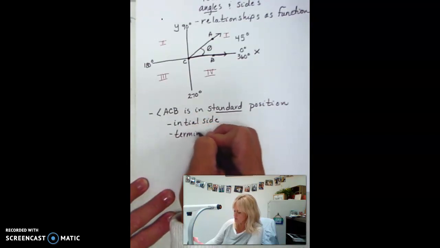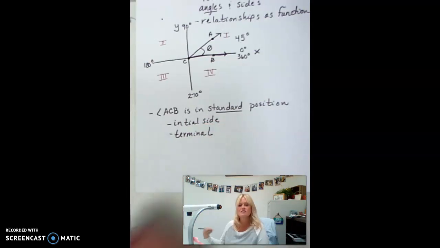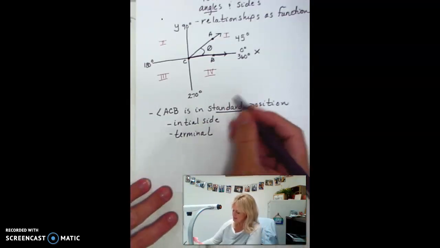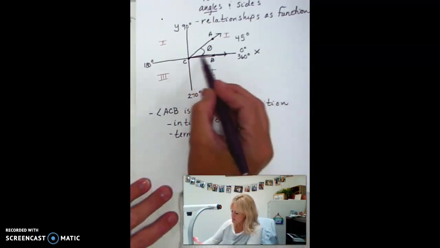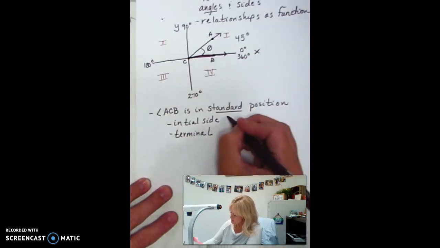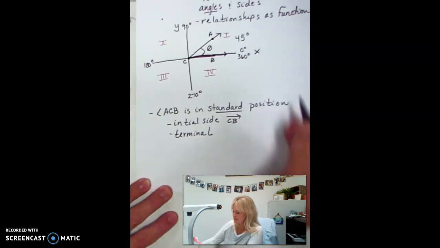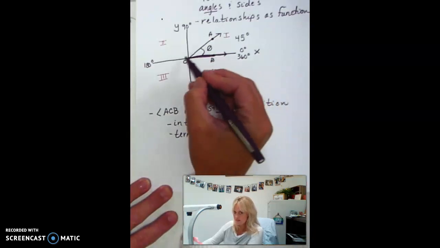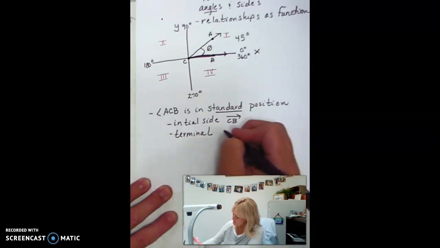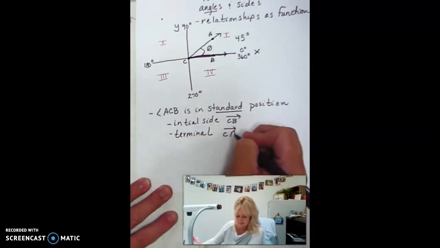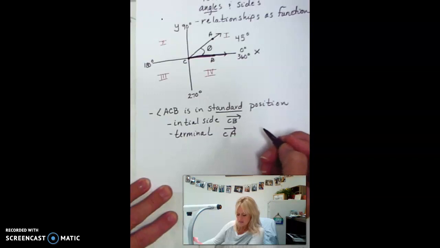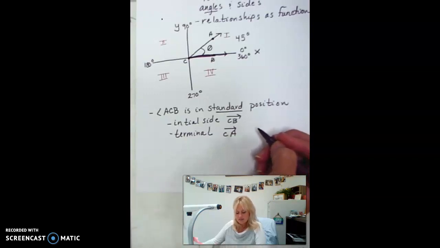Now, if you think about the word initial, that's your starting point, and terminal would be your ending point. So your initial side, the starting side, is right here at 0, so that would be ray CB. Your terminal side, or the ending side of the angle, would be ray CA. The initial side is always on the positive side of the x-axis.